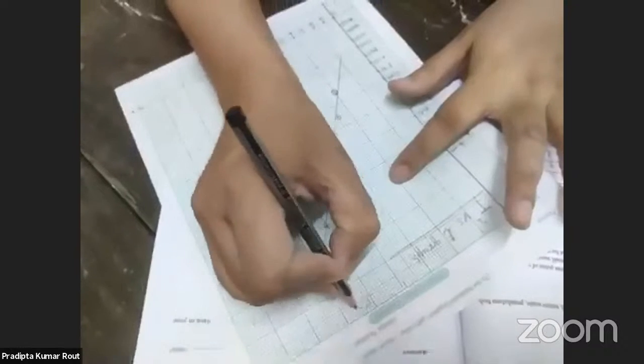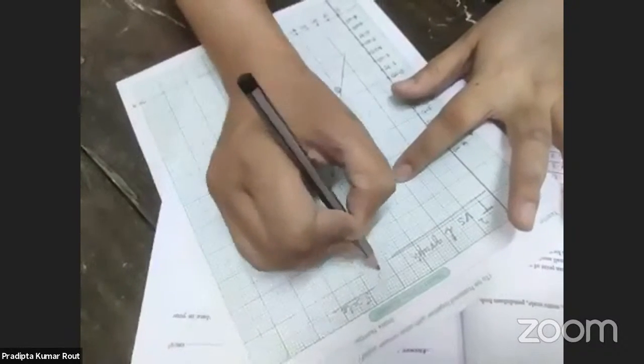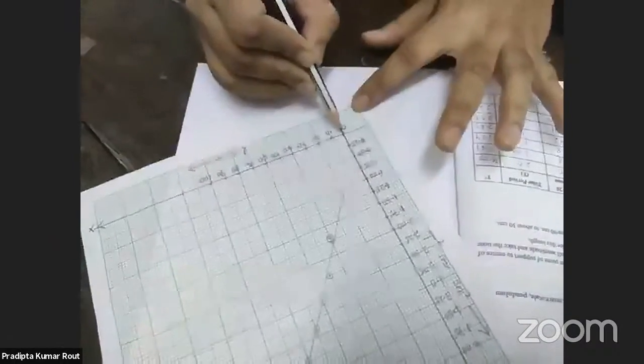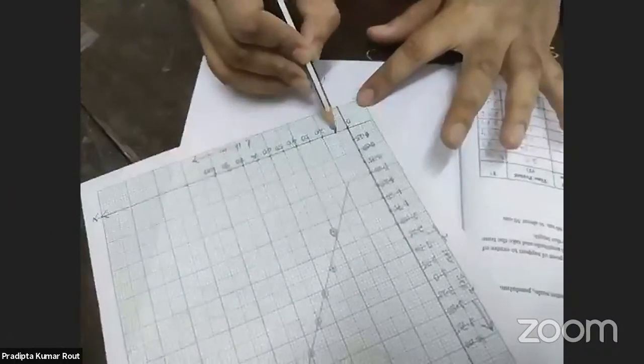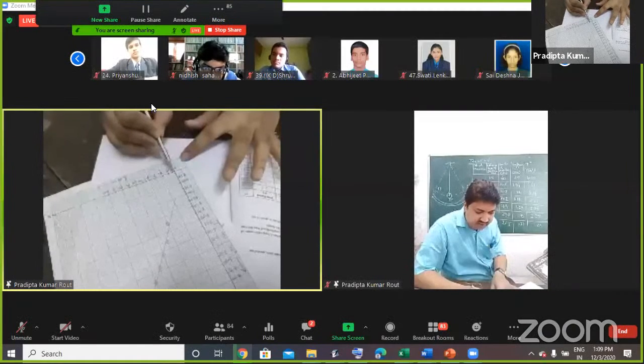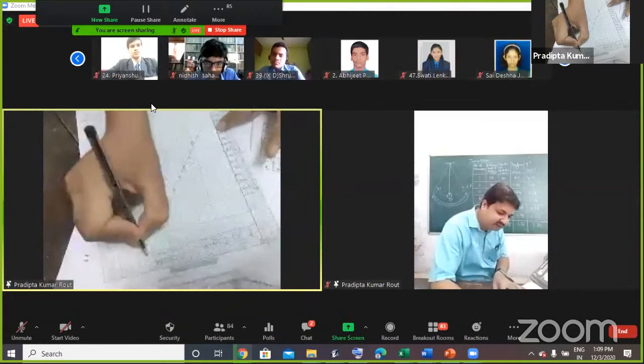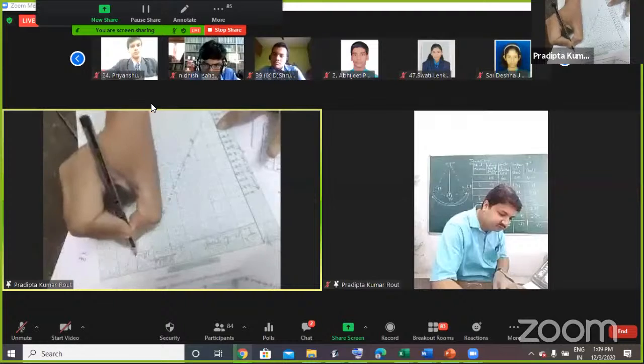And children, scale, what we have taken? In x-axis, as you can see, from here to here, 10 centimeter, 5 boxes, 5 divisions are taken as 10 centimeter. So children, what is the value of one division? Isn't it 2 centimeter?